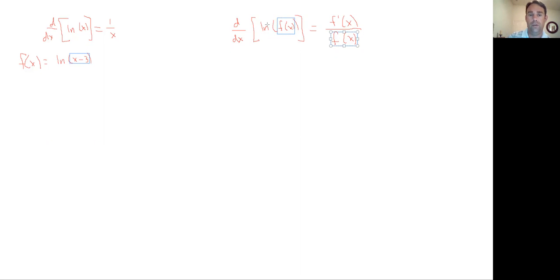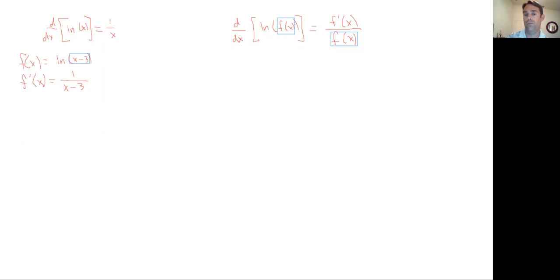So when I do my derivative, my x minus 3 will go to the denominator of my fraction. And whatever the derivative is of what's in parentheses, that'll go on the top. So the derivative of x minus 3 is just 1, so it's 1 over x minus 3.